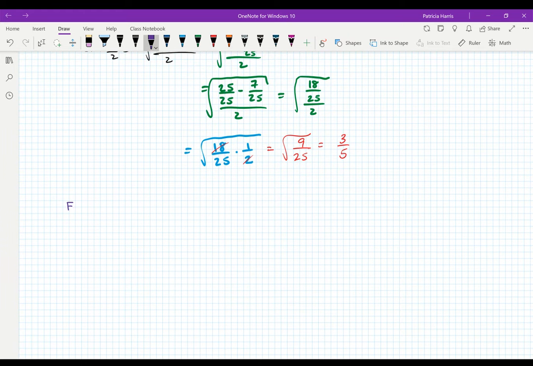So find cosine of x over 2, given sine x is equal to negative 12 over 37 in quadrant 4.